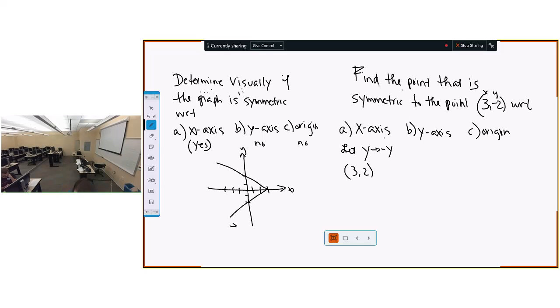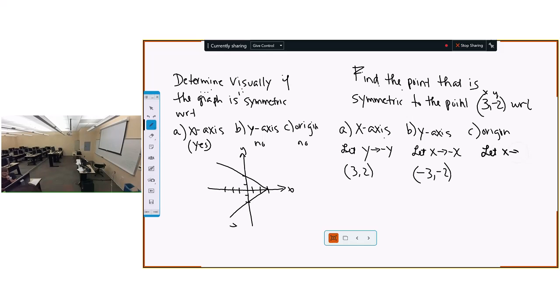The y-axis, we're going to let x go to a -x. Okay? So we flip the sign of x and we keep y the same. Okay? And with the origin, we do both.